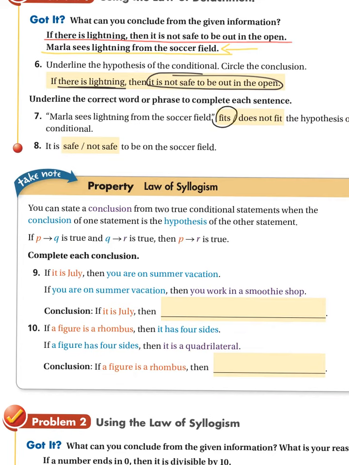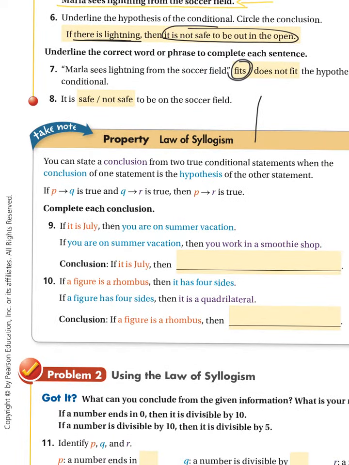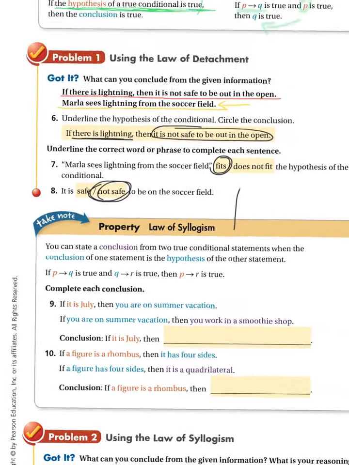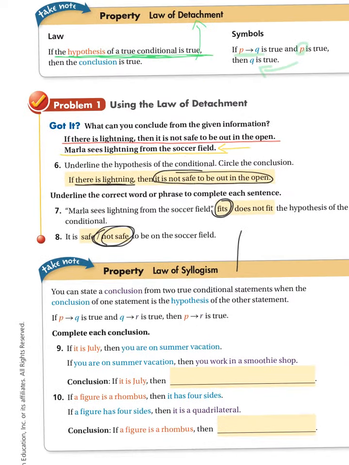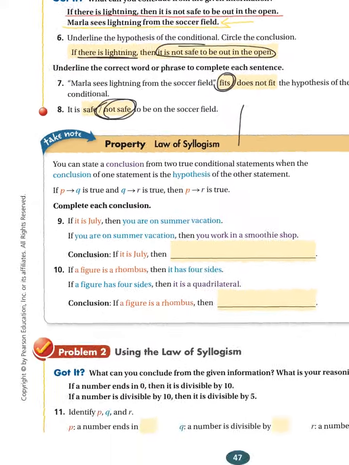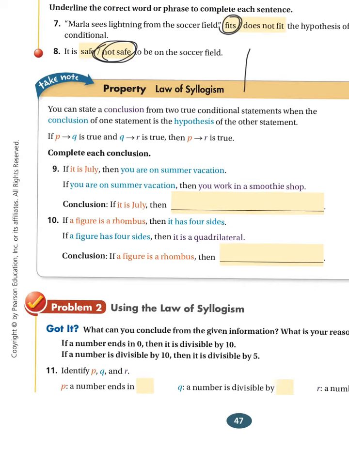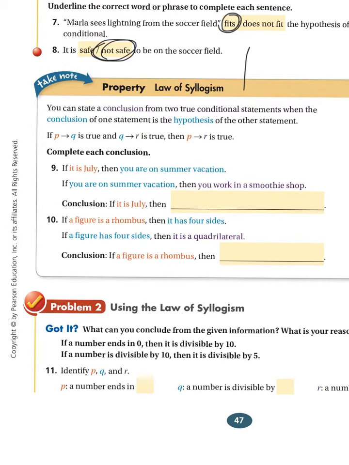It does fit the hypothesis, so we can make the conclusion that it is not safe to be on the soccer field. You'll know it's detachment if there's an if-then statement and then a detached statement right below it. Whereas when you have syllogism, you're going to have two if-then statements.